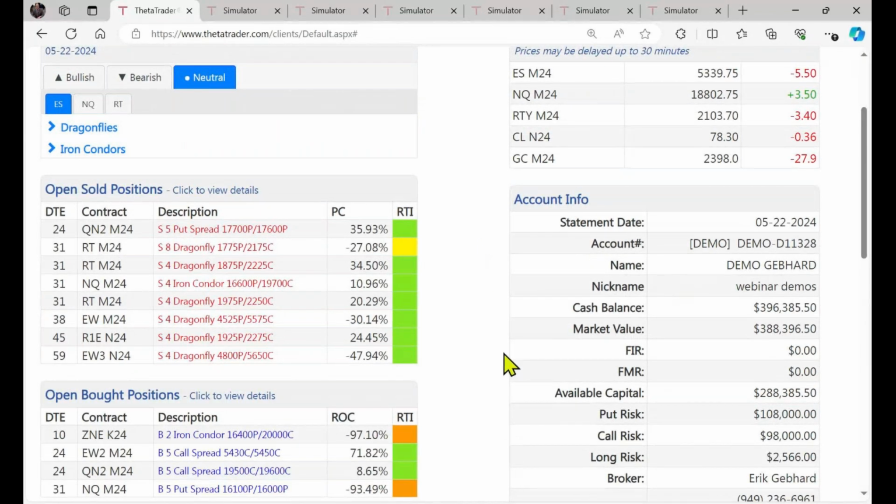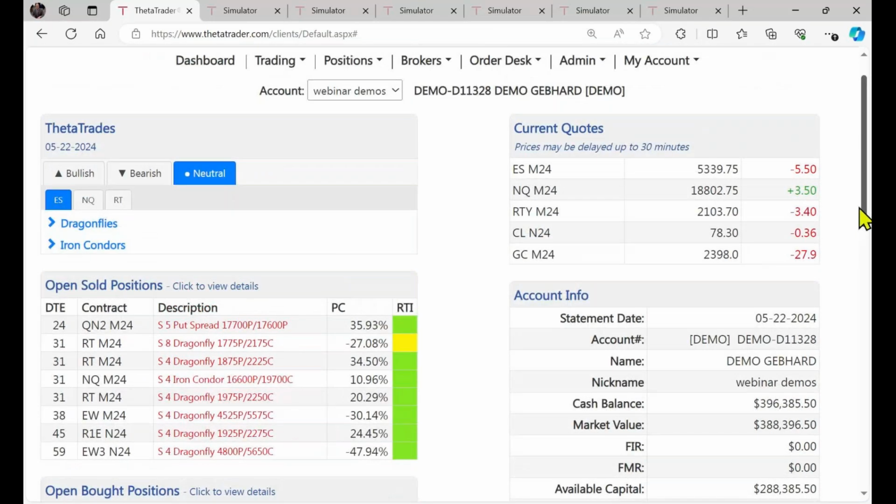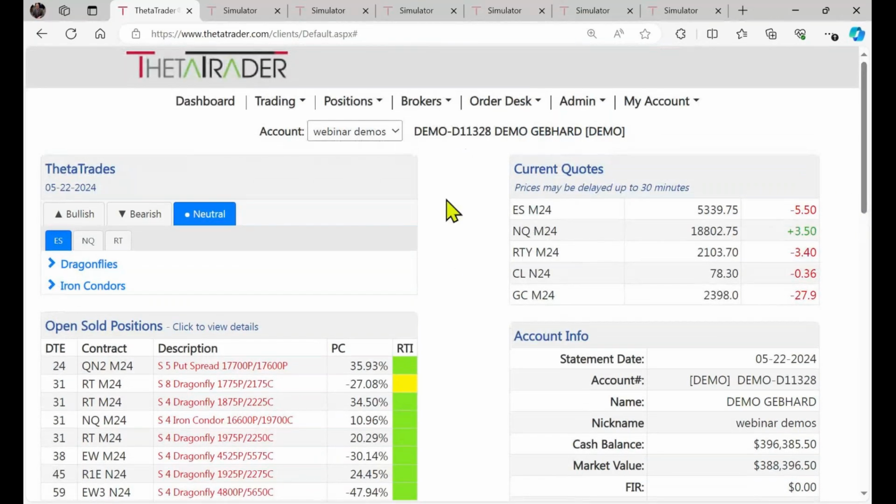ThetaTrader is our software that we developed. AltaVest developed this software, and it's only available for AltaVest clients, of course, because it's our proprietary solution. Then here are current price quotes. This is a demo account I use for webinars and demonstrations, whether it's live or recorded.